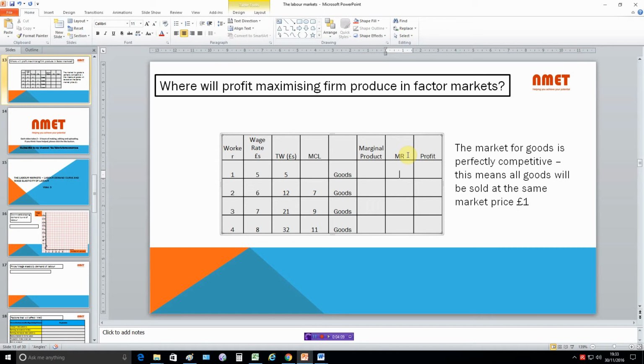Let's put the pound symbol over here. We're going to use the first worker because we're going to look at the additional workers. If I had put 0 over there, probably I could get away with that.